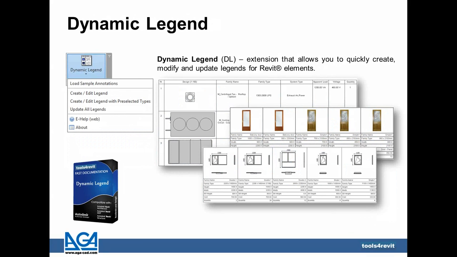Again, it can work for any category: windows, doors, any mechanical equipment, or structural connections. If you can add the element into the legend view, then you can make the legend with our tool.